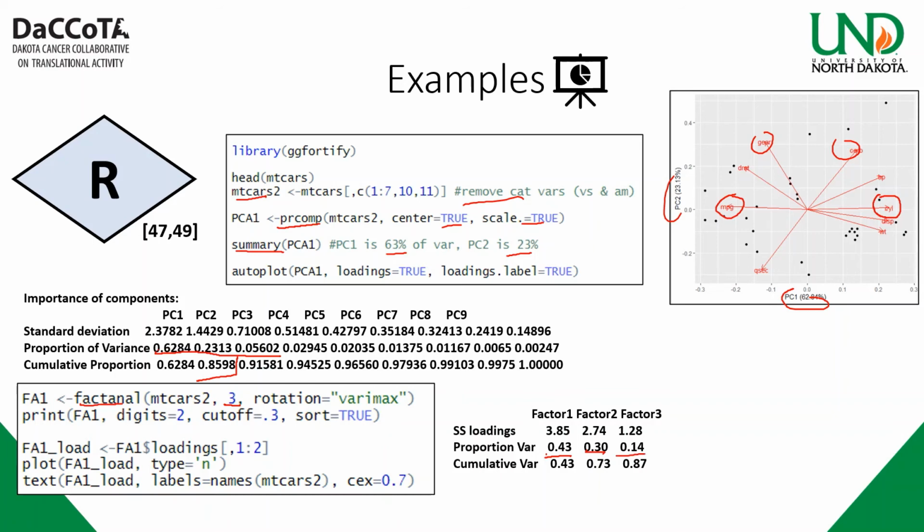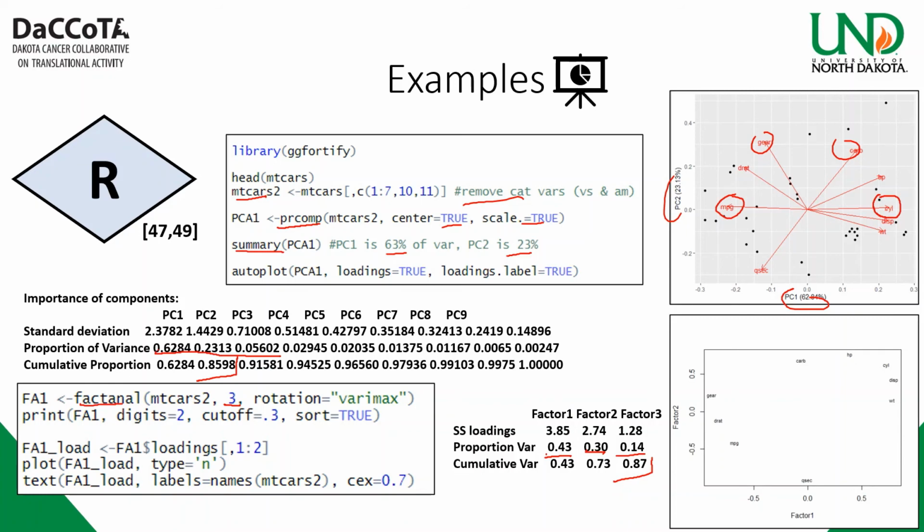So together we have about 87% cumulatively. And then we're going to plot it. And so this is what we kind of get here. And if we kind of draw the factors, it looks like there's a factor here. Quarter mile second is its own factor, and kind of these ones over here. So not too bad. This is more exploratory factor analysis.